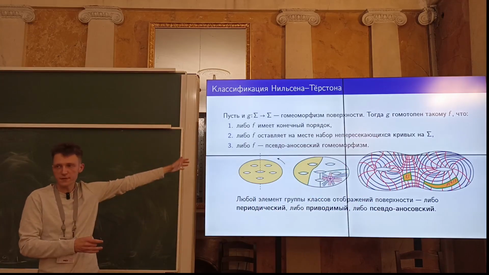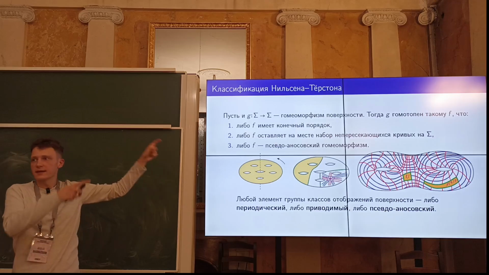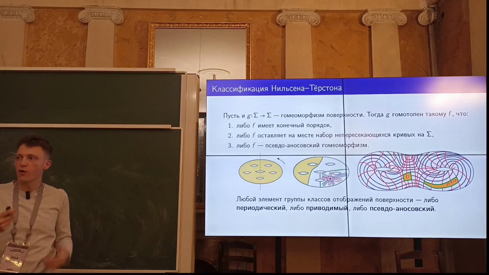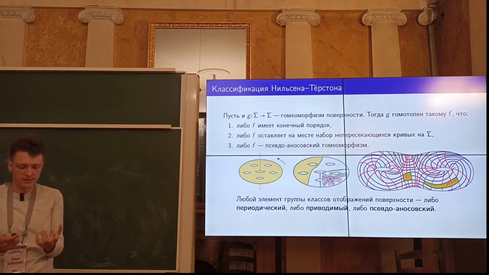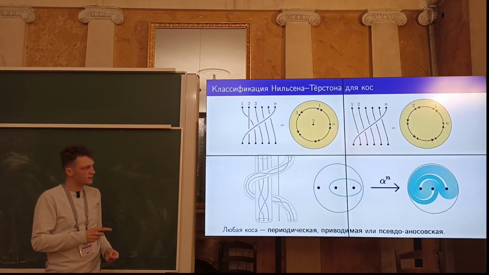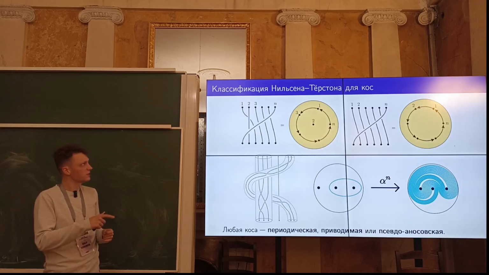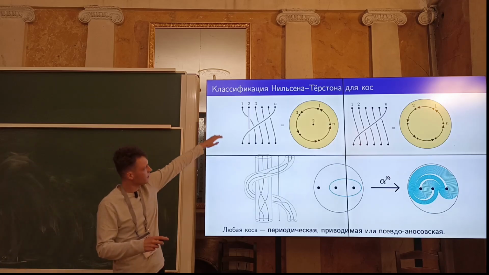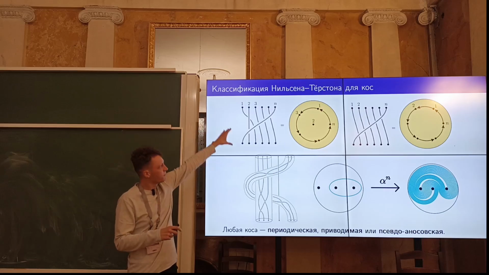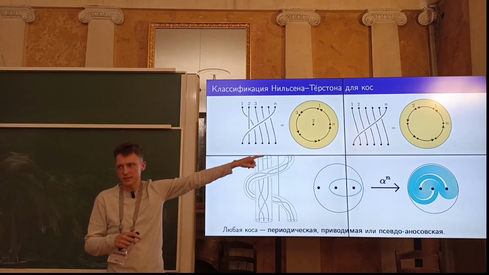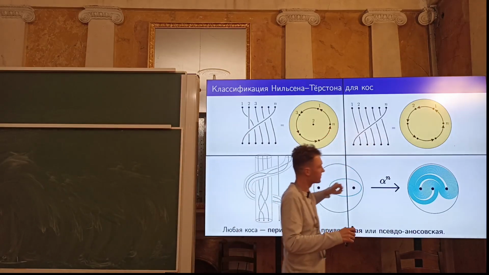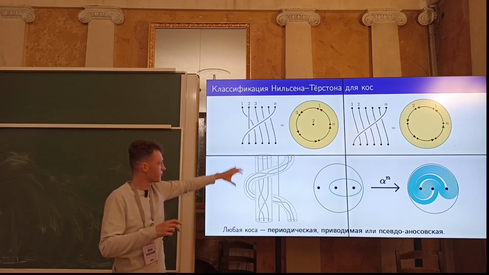This is for surface homeomorphisms, and there is a similar result for braids, because braids are homeomorphisms of the disk. But for braids, the Nielsen-Thurston classification is a little bit different. Any braid is either periodic, and this means that it's conjugate to a power of either this braid or this braid, or it is reducible.